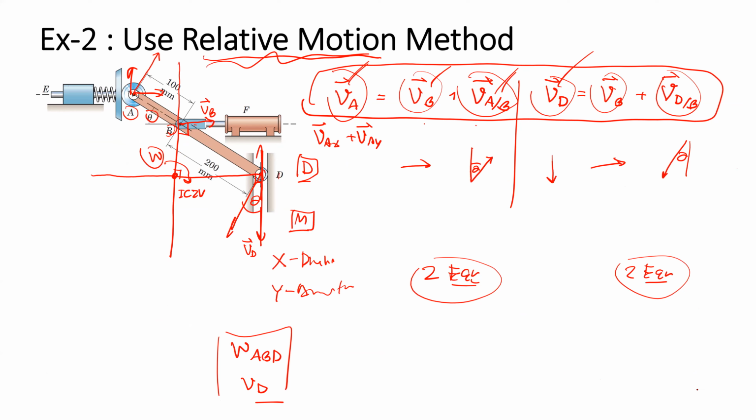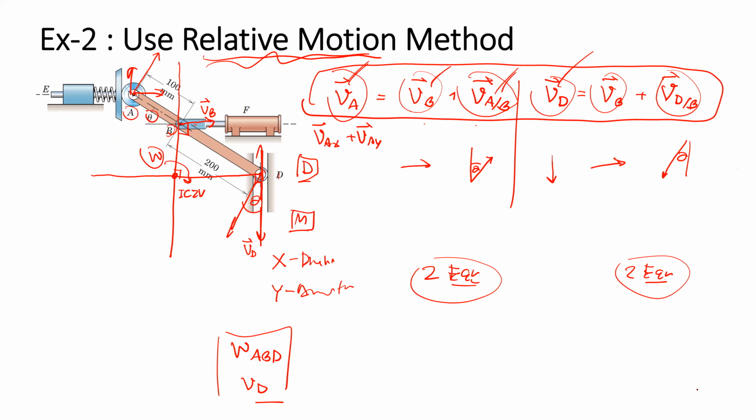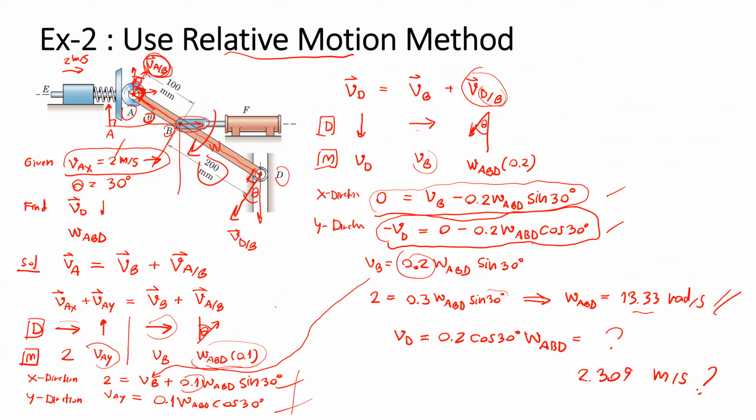You can see that the same problem, you can use ICZV or try to use the translating axis method. And now we learn many tools. After the midterm, we have the absolute method. We have the relative motion method with translating axis.